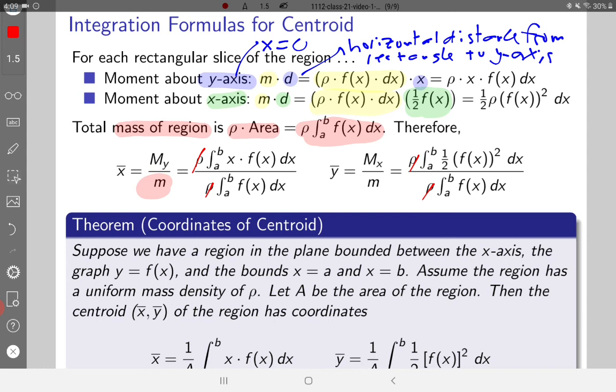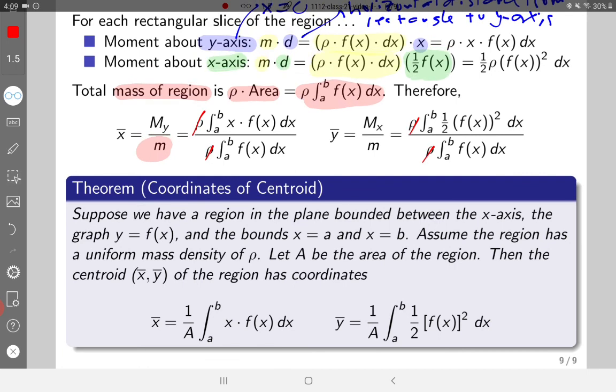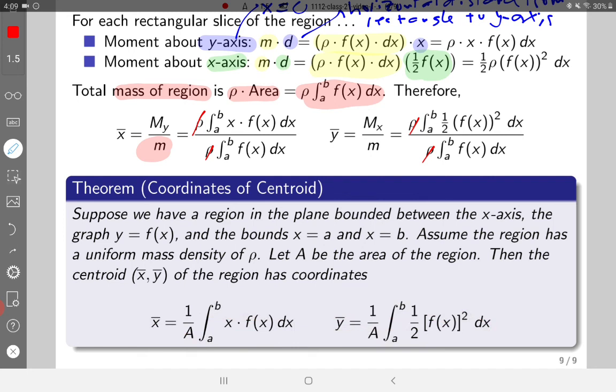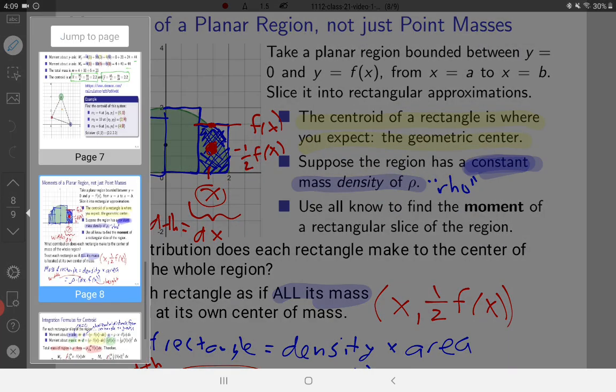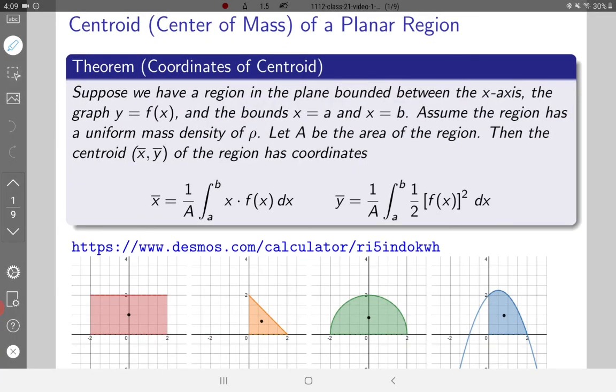And so canceling those things out and just saying A, the area of the region, and not writing that integral again, that allows me to state them in the way that you see down here at the very bottom. And that's exactly what I had way back on the first slide, if you want to look back and see that. And now we know where all of that comes from.